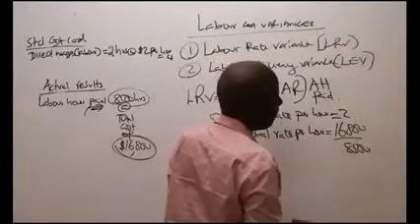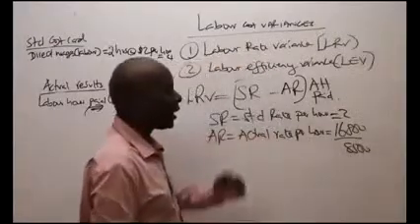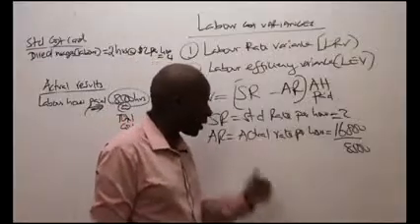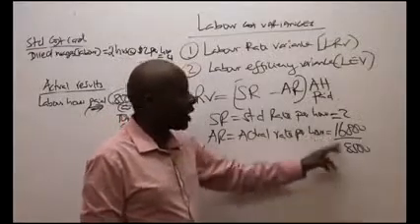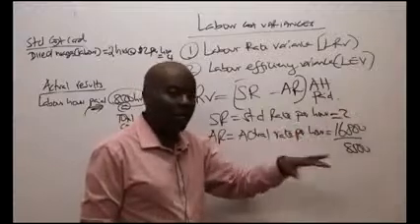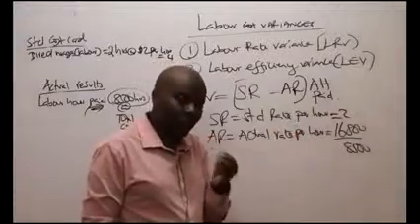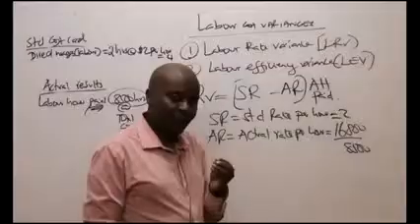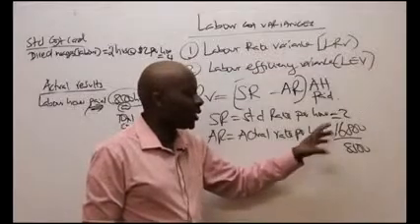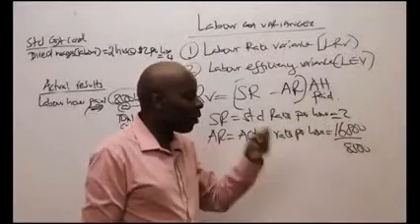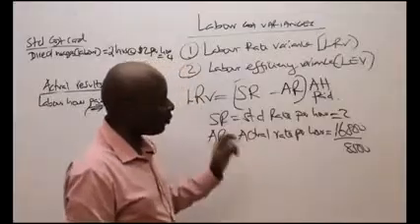The worst mistake in variances is to not divide, because this 16,800 is for the total hours, but I want the rate per hour. That's why I have to divide like that.